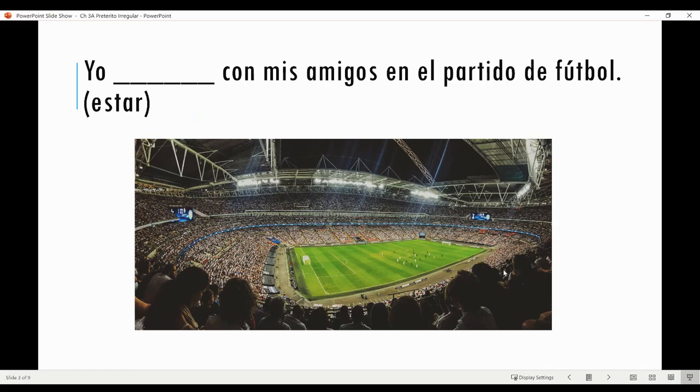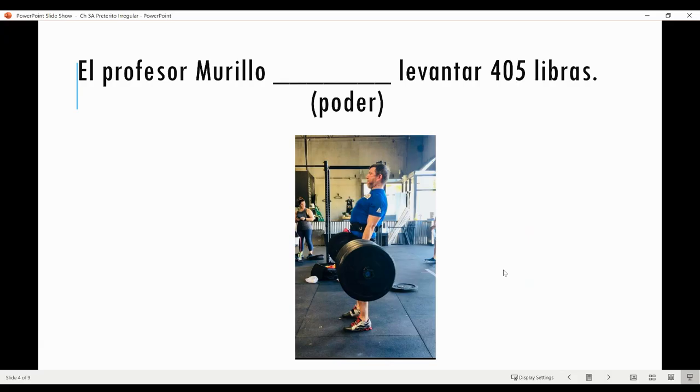Reading the sentence, how would you conjugate the verb estar? Based on this context, yo estuve con mis amigos en el partido de fútbol. So I was at the game with my friends, so estuve. Here, el profesor pudo levantar 405 libras.